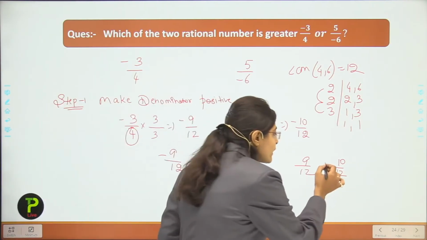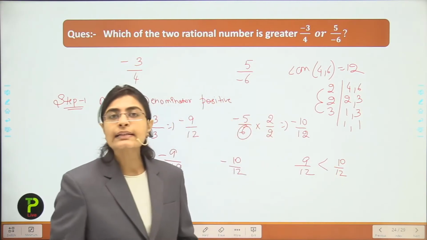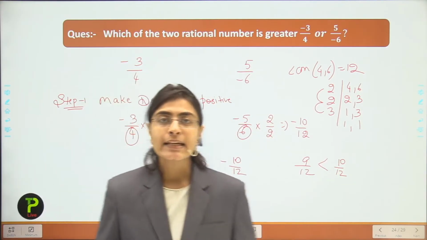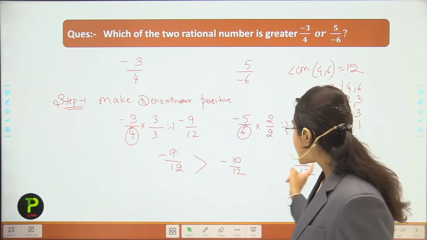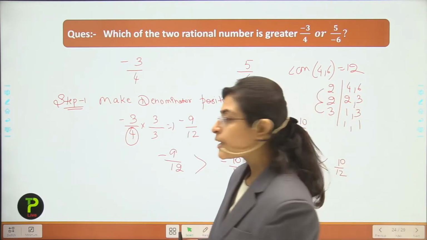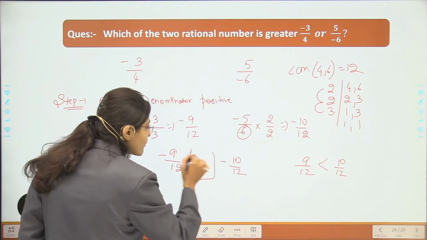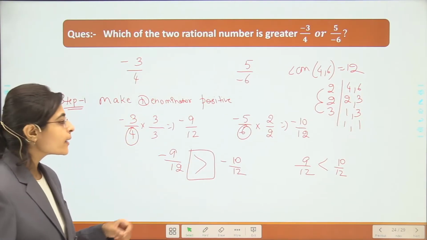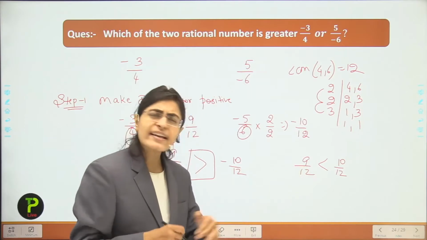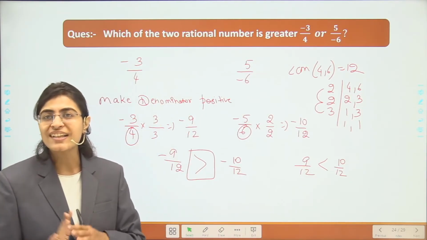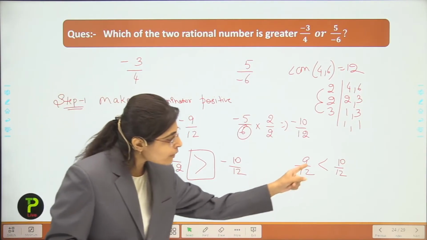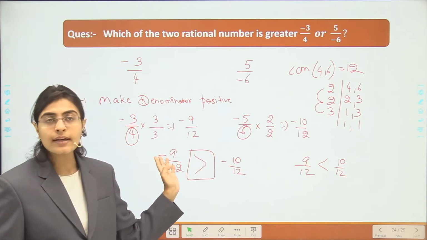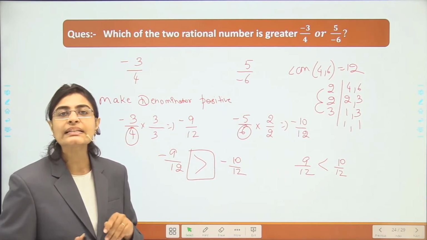So when in positive 10 by 12 is greater, then in negative minus 9 by 12 will be greater. As soon as we change the sign of the numbers, the sign in the middle gets opposite as well.